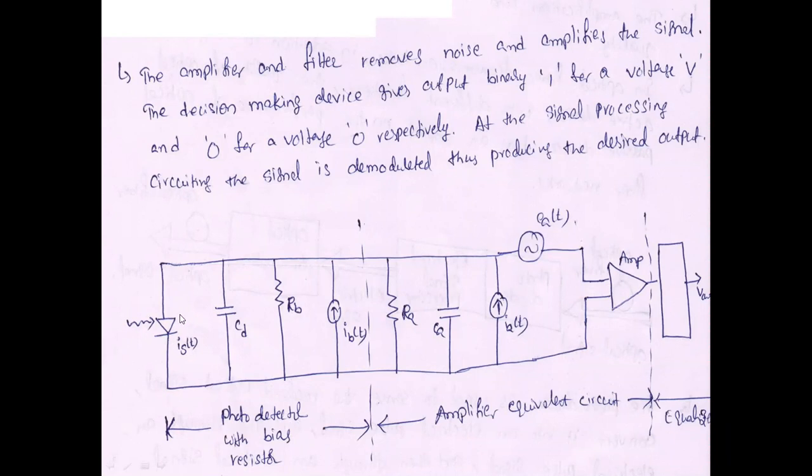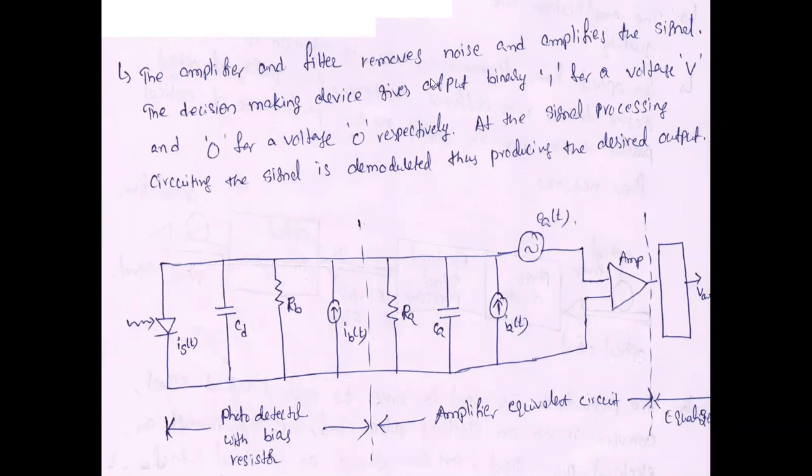Here, see this one. This is our exact photodiode or pin diode. The input is optical signal; it receives the optical signal and converts it into electrical signal. The output of the pin diode is electrical current, that is Is of t. Here we have to take CD, that is shunt capacitance.